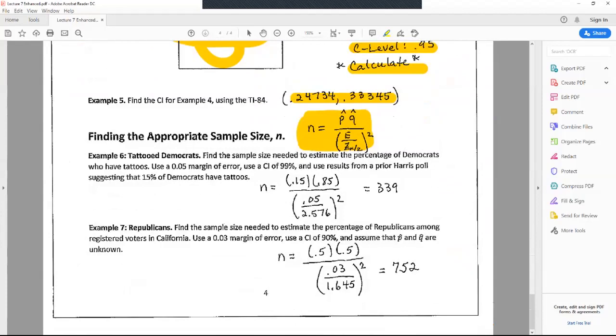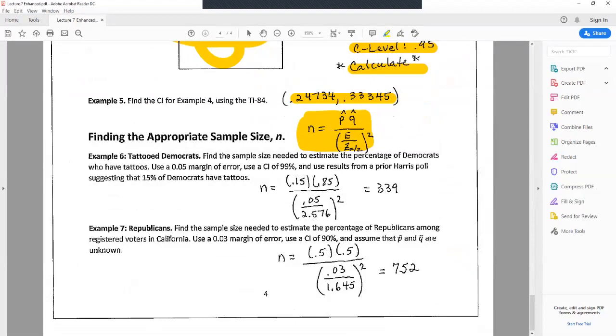So example 6 says, find the sample size needed to estimate the percentage of Democrats who have tattoos. Use a 5% margin of error, use a confidence interval of 99%, and use results from a prior Harris poll suggesting that 15% of Democrats have tattoos.